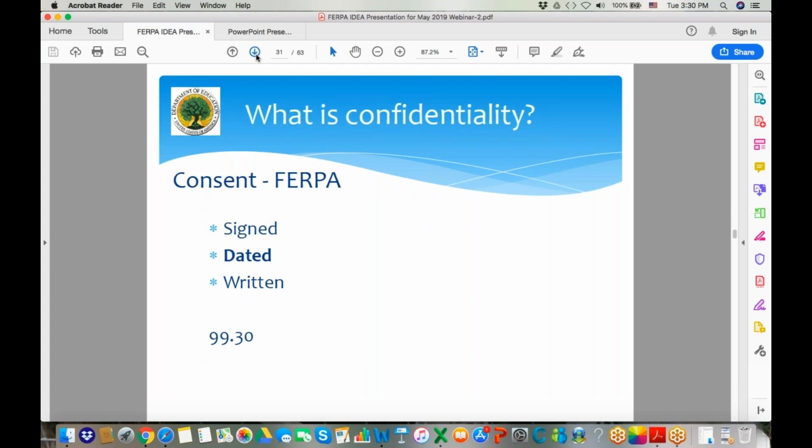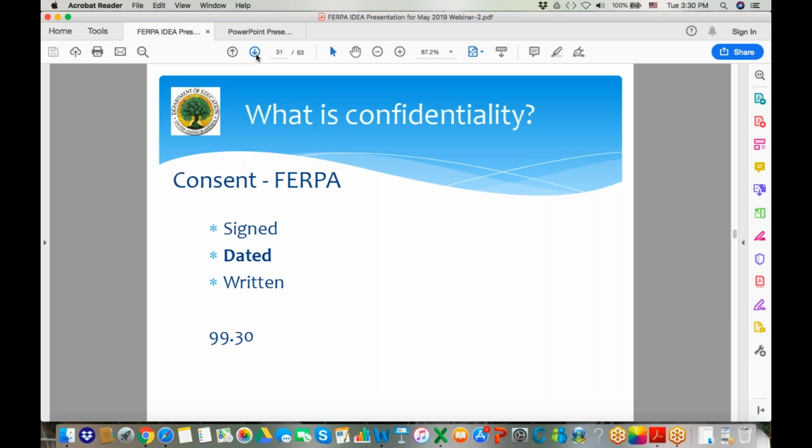So let's take a look at consent under FERPA, and you'll see we have some definite similarities to what Kala talked about. It has to be signed, it has to be dated, and it has to be written. So there is no verbal consent to disclose under FERPA, for example. We get questions a lot in terms of what do you mean by signed, and would an electronic signature work? And we have some specific provisions that it could be an electronically signed consent.